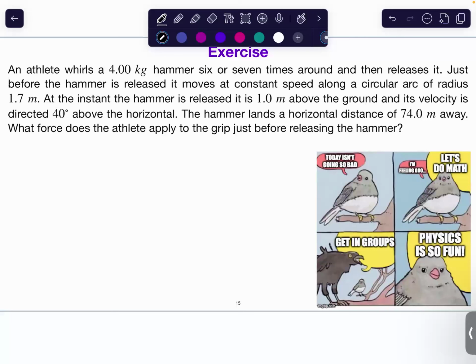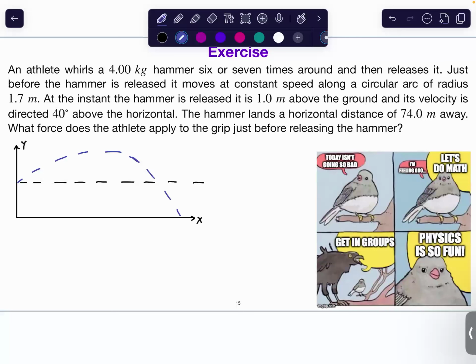So as you read this problem, you're going to have a motion like that. Because of course, you're holding the hammer about a meter off the ground. When it lands, it's going to hit the ground. So it's going to fall through that additional meter.